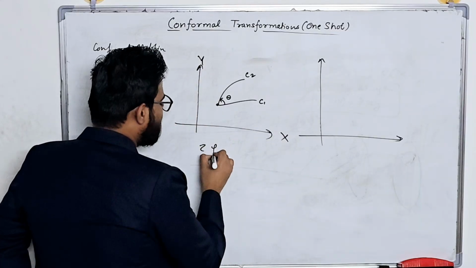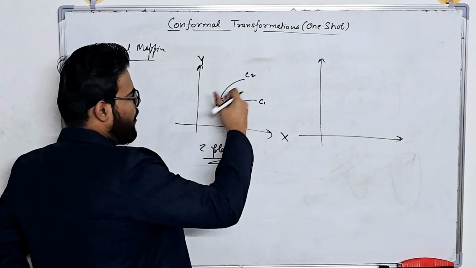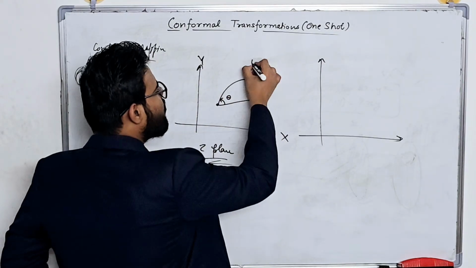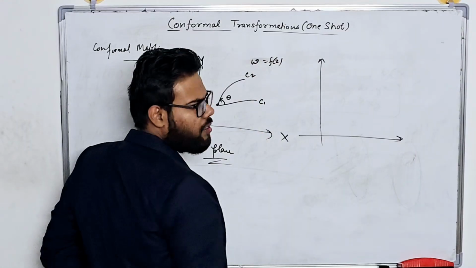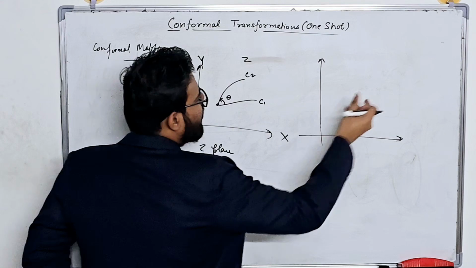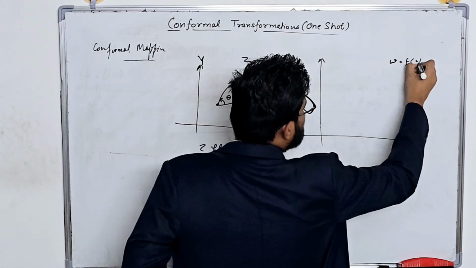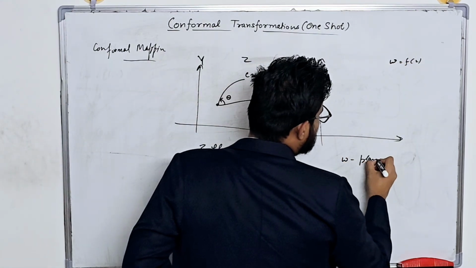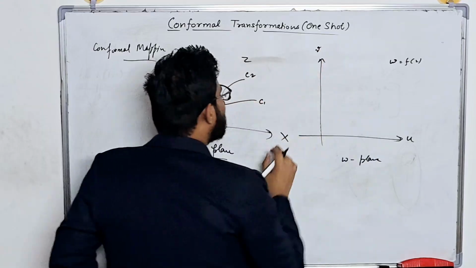This is the z plane. So it depends upon some function, w is equal to f of z, right? We know this. So this is our z plane, right? And here we have w is equal to f of z. This is the w plane, right? This is u, and this is v.